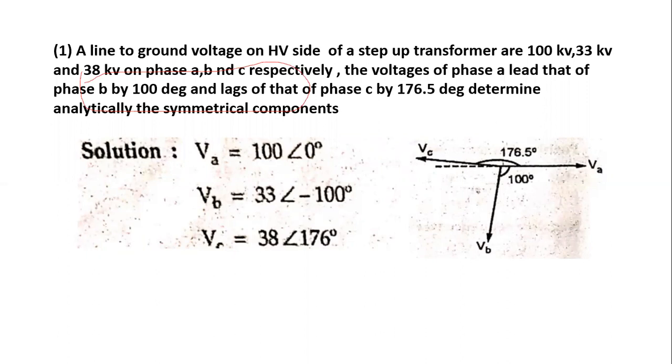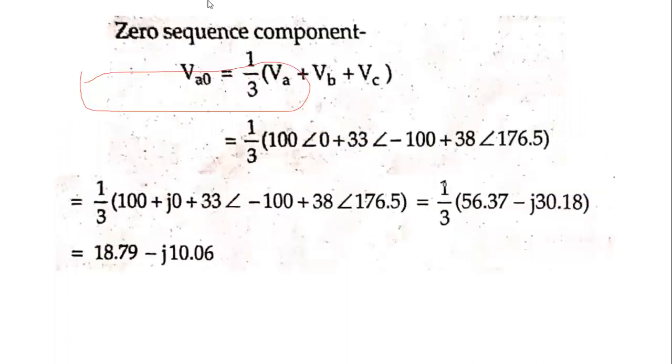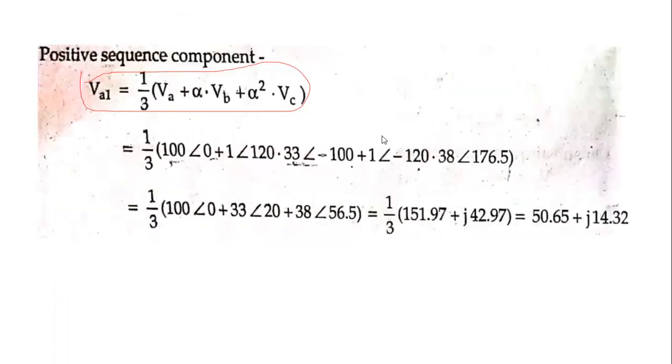That means we first convert the unbalanced system into balanced ones. That's why we consider three sequences: positive sequence, negative sequence and zero sequence. By using these sequences, we calculate the voltages at the various sequence components. Okay, understand?